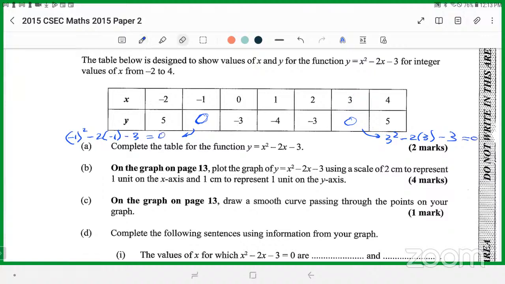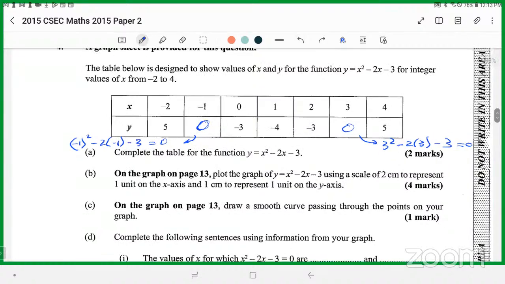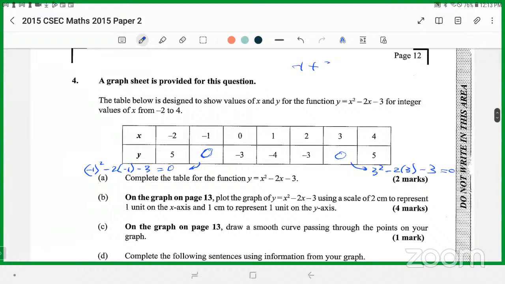All right. So now that I know the roots, these are the points on the x-axis. I want to know where the minimum point is. Remember the x value at the turning point is the average of the roots.